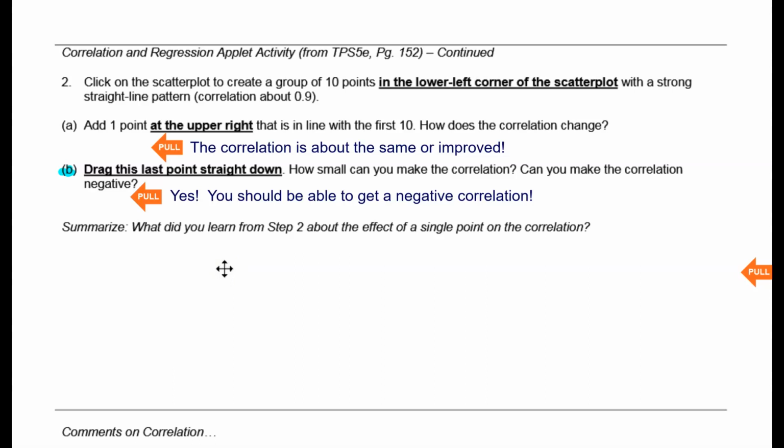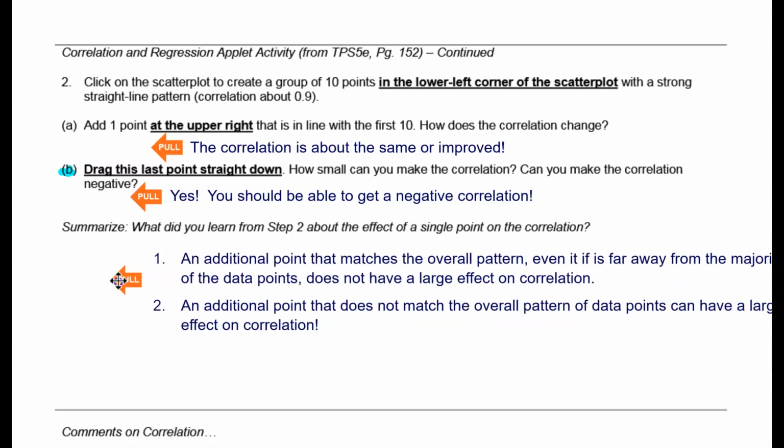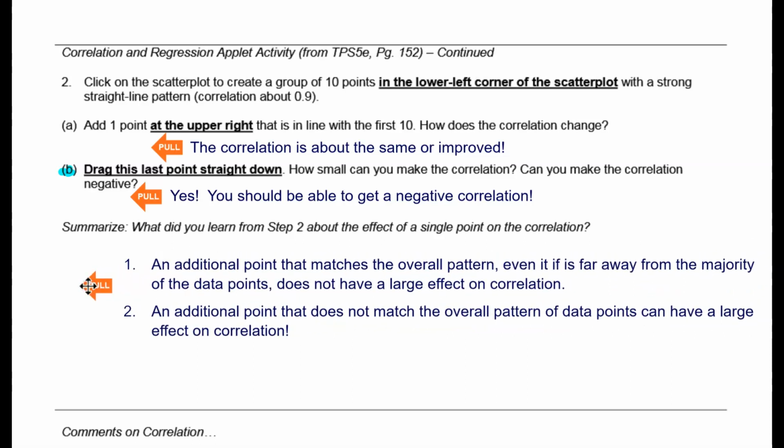I'd like you to think about those, perhaps talk to one of your table partners about it before you look at my observations. Okay, so from step 2 of this activity about the effect of a single point on the correlation, there are 2 takeaways that I think you should have. First, an additional point that matches the overall pattern of our data, even if it's far away from the majority of the data points, does not have a large effect on correlation.